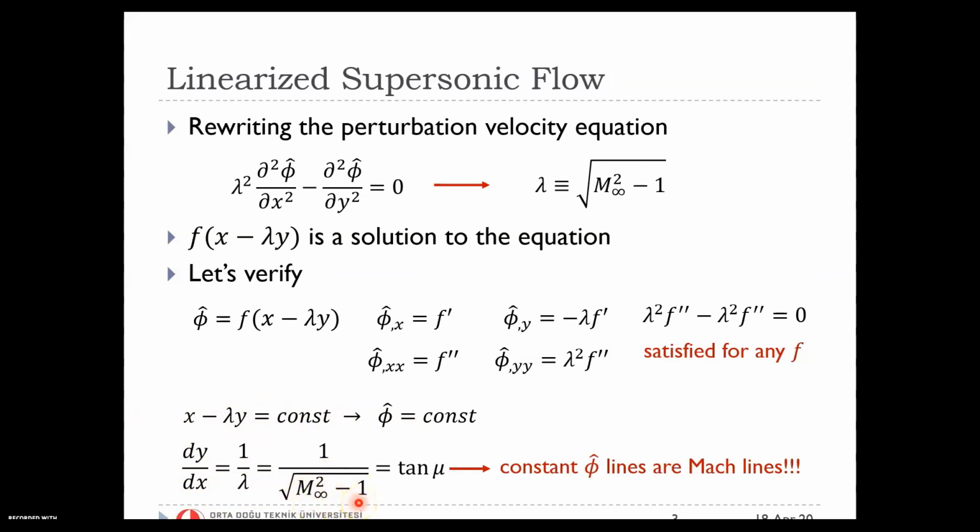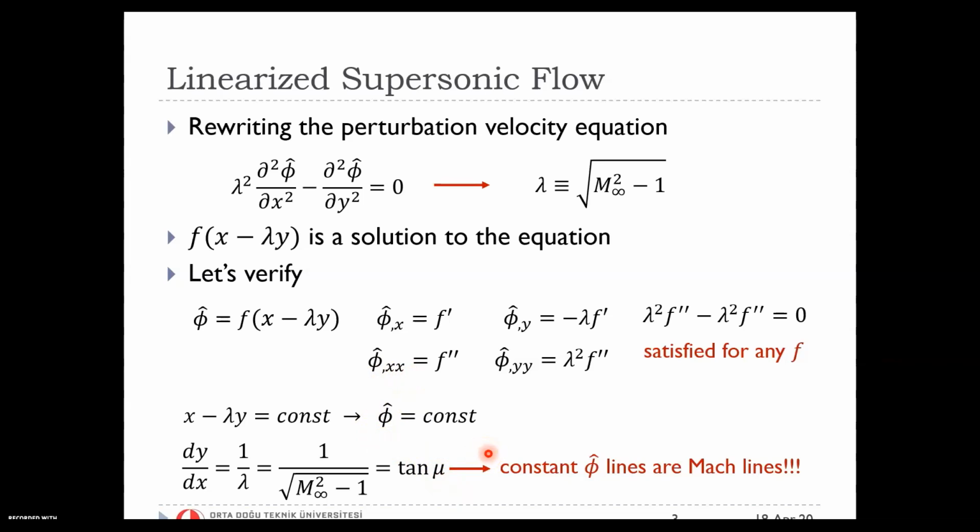And from chapter 9, you may remember that this is equal to tangent mu, where mu is the Mach angle. This result tells us that the lines along which this phi hat is constant are the Mach lines that we first saw in chapter 9 of your textbook.